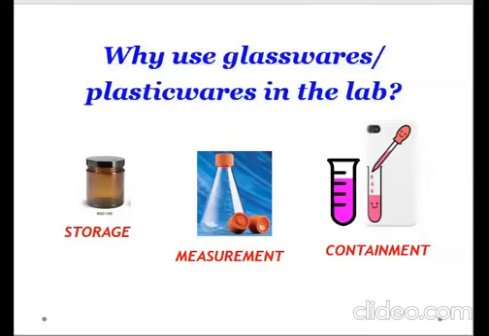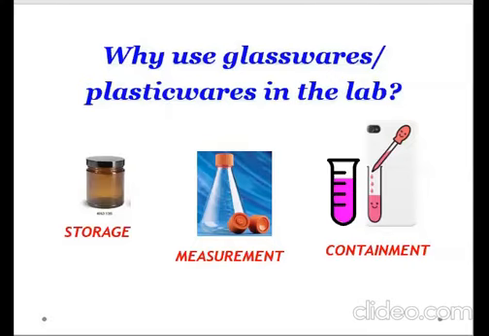So this means, class, that glasswares or plasticwares could also be used for containment. Those are the three main reasons why we use glasswares or plasticwares in the laboratory: for storage, for measurement, or for containment.